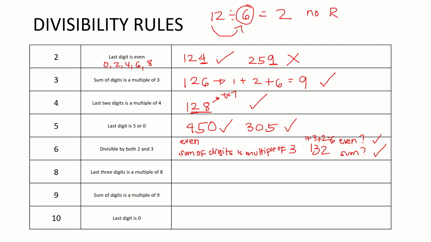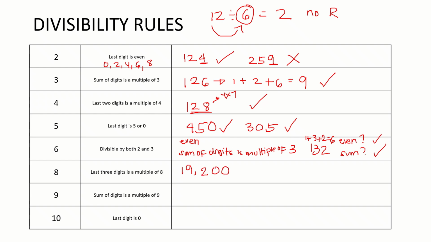Next, for 8, the last 3 digits must be a multiple of 8. So this is very helpful if you have a multiple digit number, like a very big number. For example, 19,200.